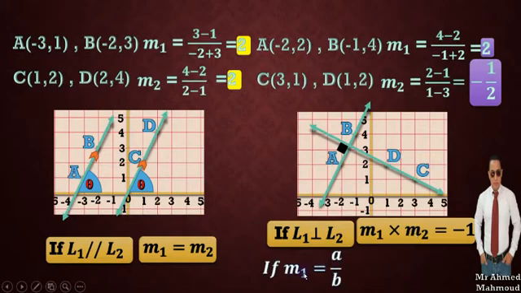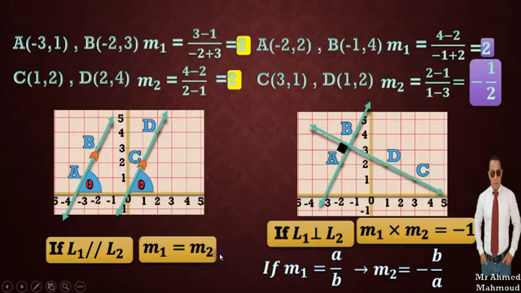If m1 equals a over b, then for m2 I will flip the fraction and switch the sign, so m2 equals negative b over a. Now study these rules carefully, because they are very important.